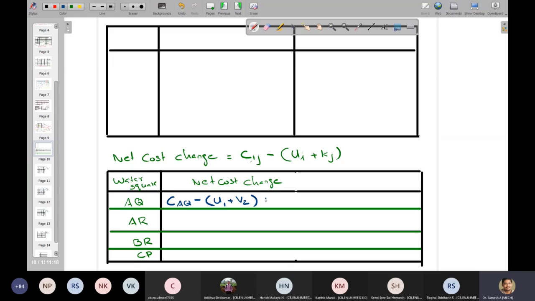These UV values you have to calculate initially from the stone squares. Similarly, everywhere I can write it like this.